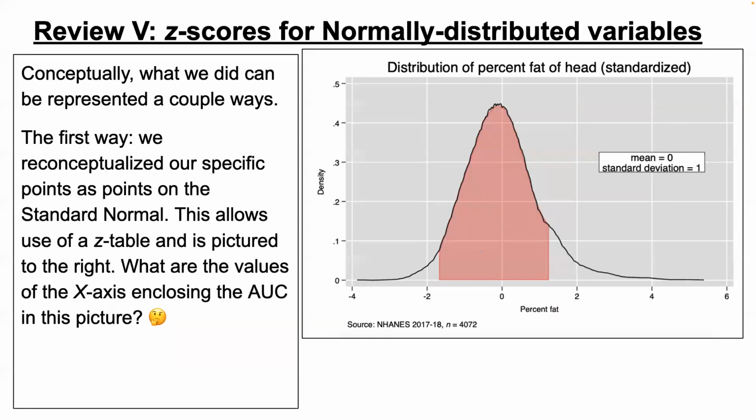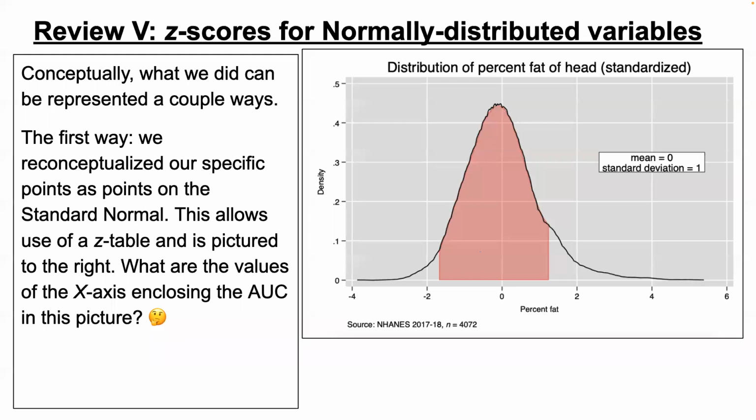Okay, so this is one way to think about what we did. We found the area under the curve of basically the standard normal. And here I drew our same curve, but I just made it standardized. And this looks pretty similar to that standard normal. So we basically converted these 2 points here, 23 and 25, to points on the standard normal, and then found the area under the curve between those 2 points on a standard normal.